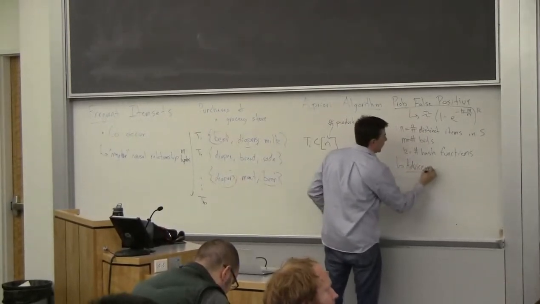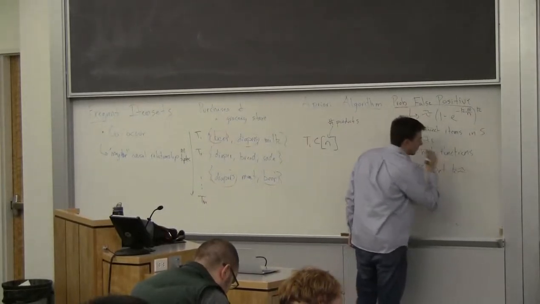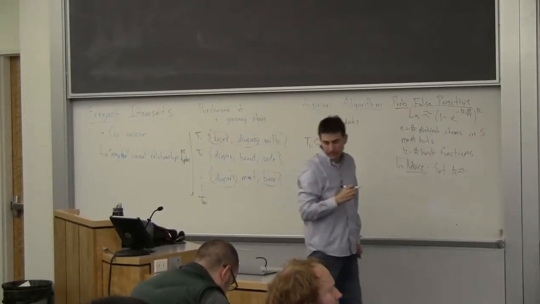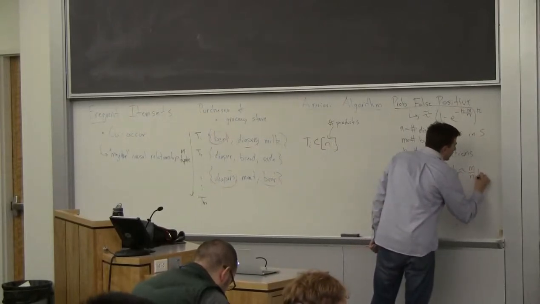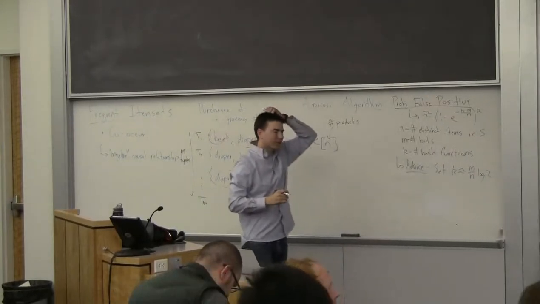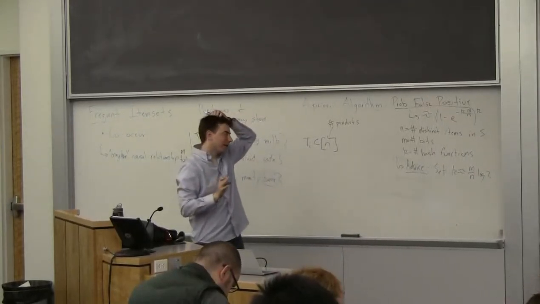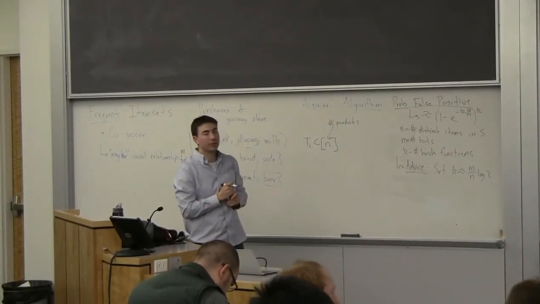So the advice here is to set k equal to roughly m over n times log base 2. So you roughly want to set k equal to this. This is a rule of thumb.